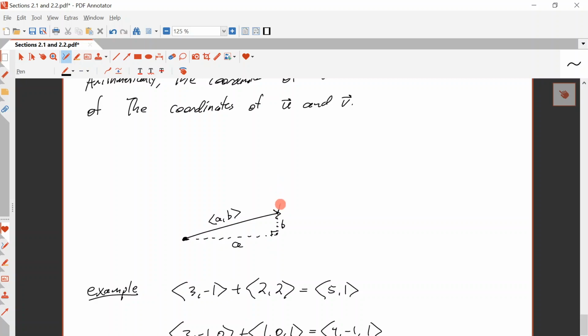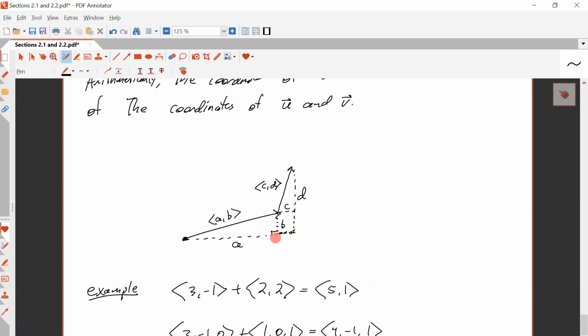And then if I had another vector here, say (c, d), same thing. This here is c, this here is d.